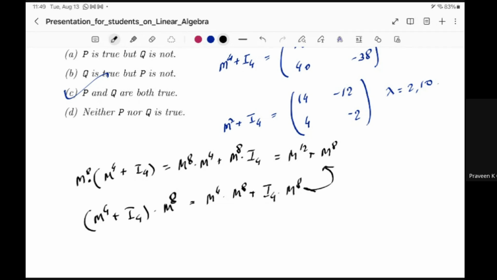So it is indeed commutative. These two matrices commute because it only involves M and I. There is no other matrix. I4 is in the center of this matrix group, so it commutes with everything.